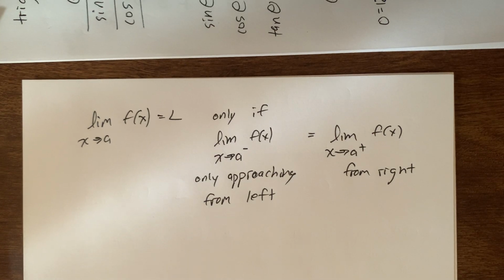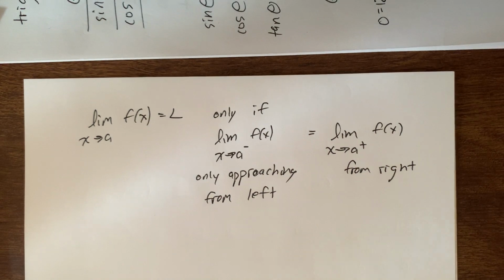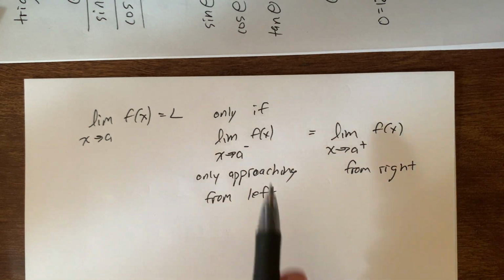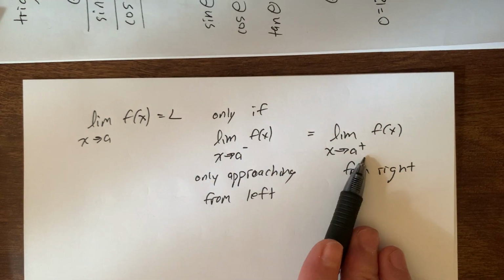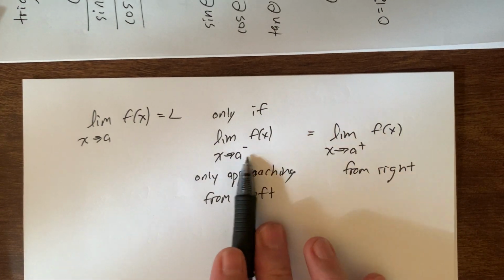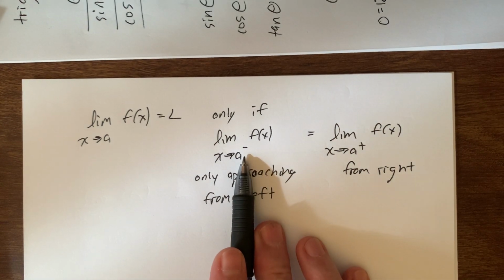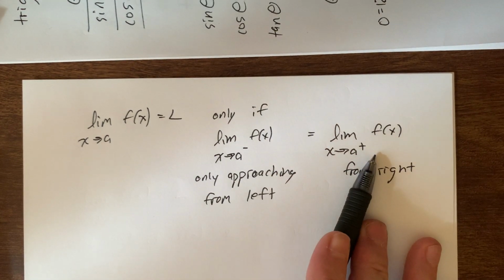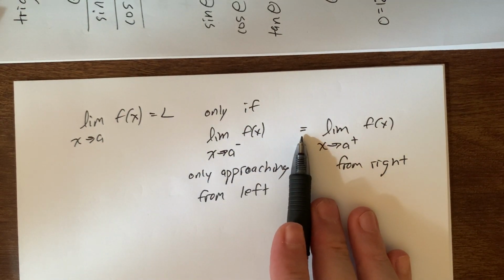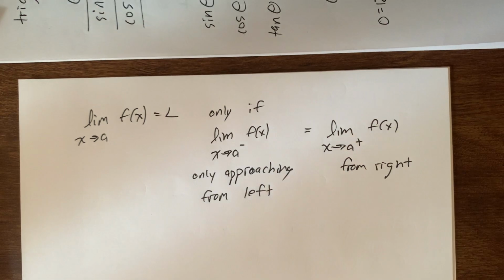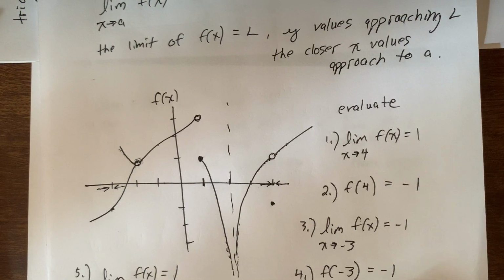So notice, when we were doing these limits, I noted that you have to check from both the left and the right. If you only get a symbol like this, then you only check from one side or the other. You'll always get an answer from these. You'll always have an answer if you're approaching from the left and from the right. And the only way the limit does not exist is if these don't equal each other. So come back over here to the example we were just working on.